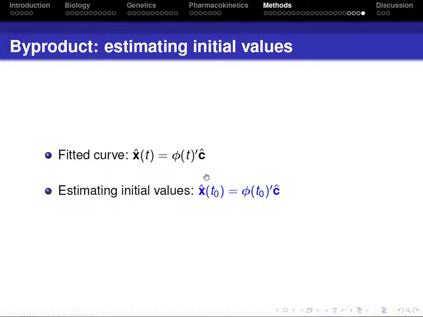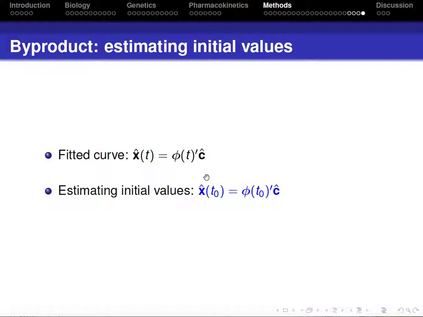There's also a good byproduct. Recall that for ODEs, a very important term for the ODE solution is the initial conditions. You have to know the initial conditions to solve the ODE numerically, right? In our parameter cascading method, we use smoothing functions, linear combinations of basis functions, to approximate the ODE solution. In the whole process, we actually don't solve the ODE at all, right?